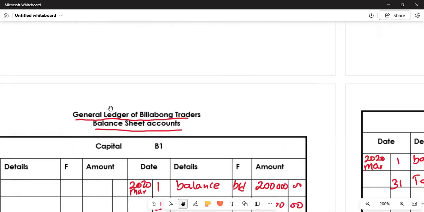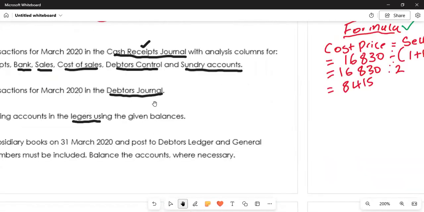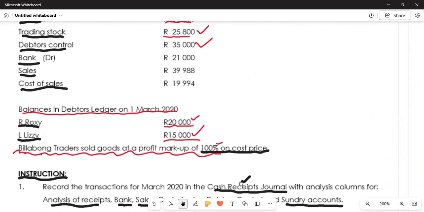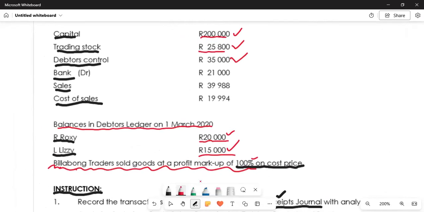Very important to know where they came from. So as you can see, our balance brought down for the bank is on the debit side.